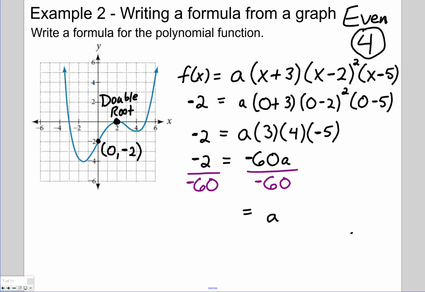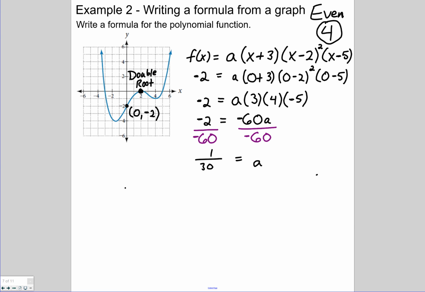So what's 2 over 60 as a fraction? 1 over 30. So here's my answer. My answer is f of x equals 1 over 30 times x plus 3 times x minus 2 squared times x minus 5.